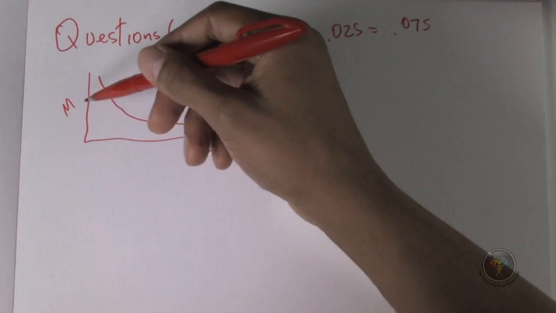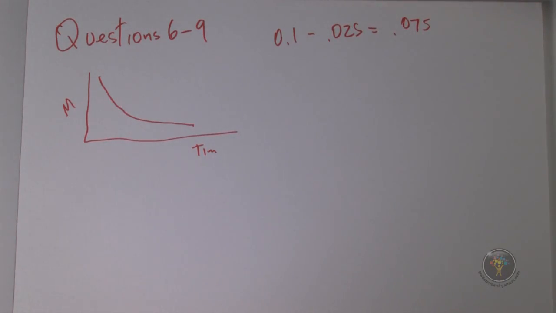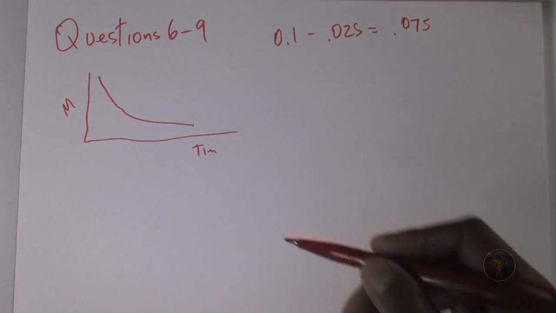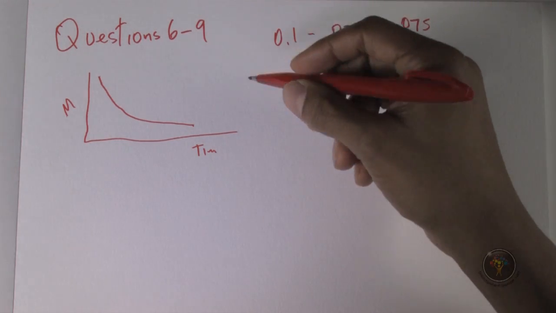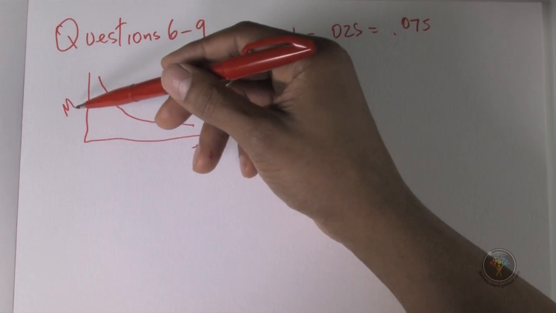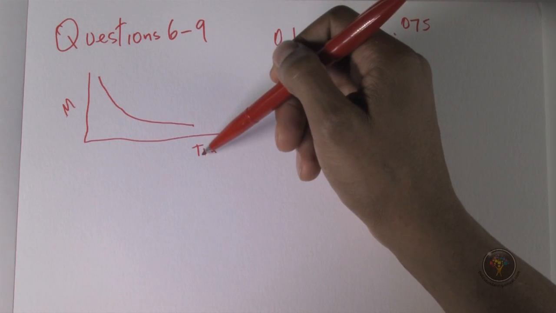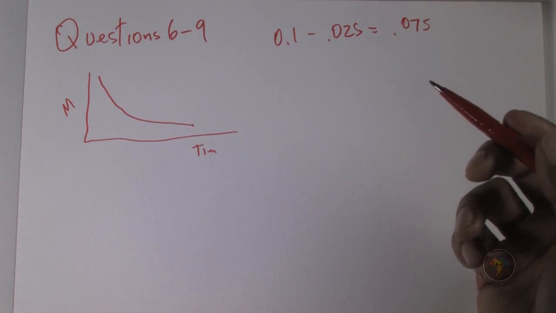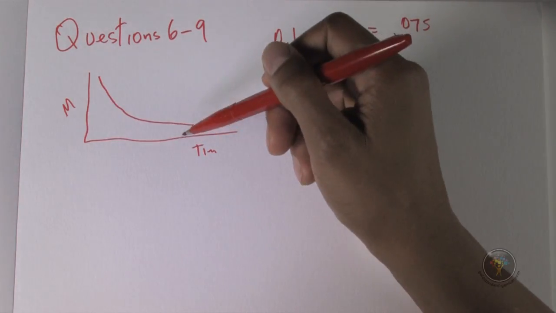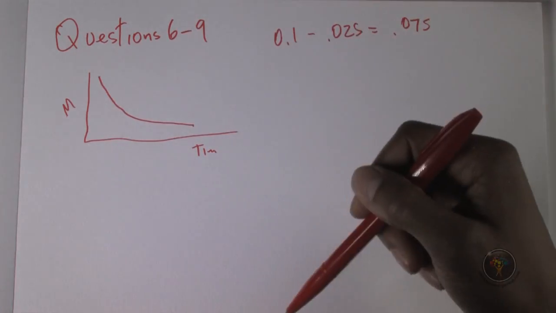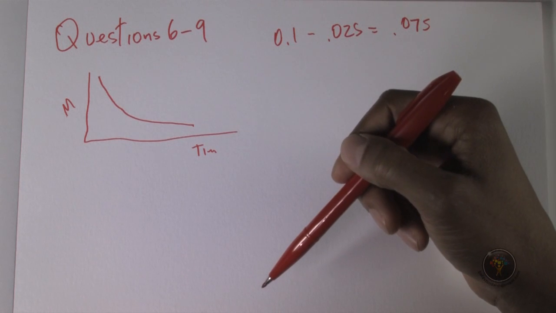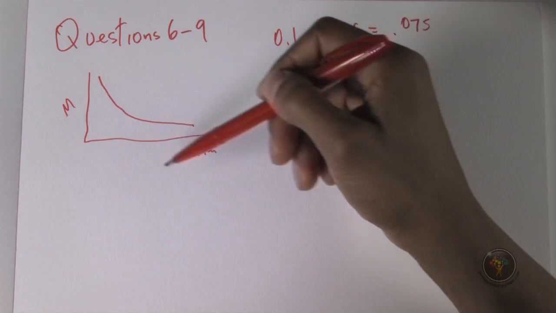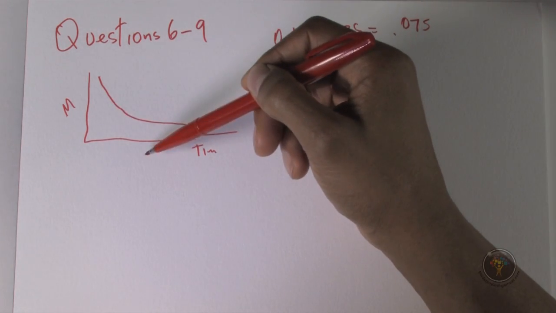I don't get molarity over time if I multiply this by this. That won't do it. I have to divide in order to get molarity over time. Multiplying this by this is where you get the area under the curve.